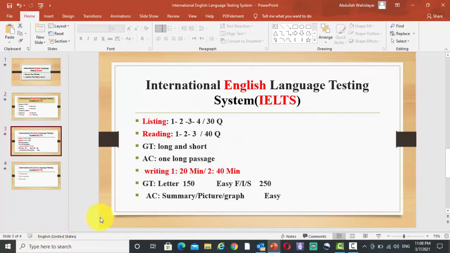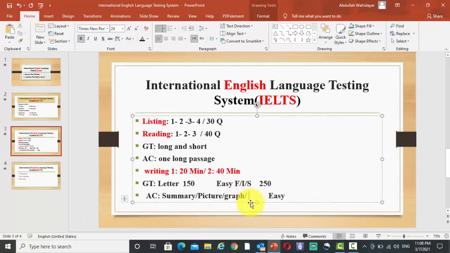These are the main things you will definitely see when you take the academic writing section of the IELTS. So that's the summary of these pictures, graphs, and charts.